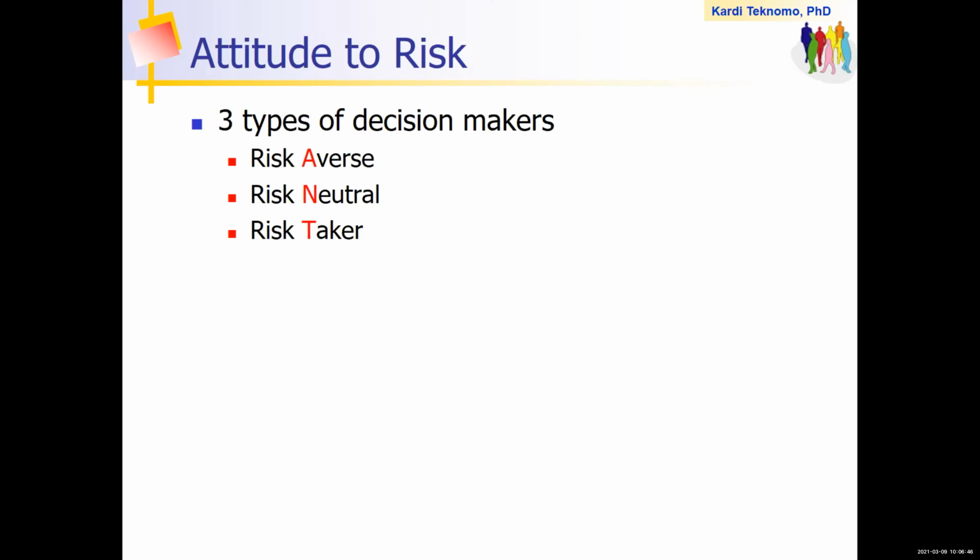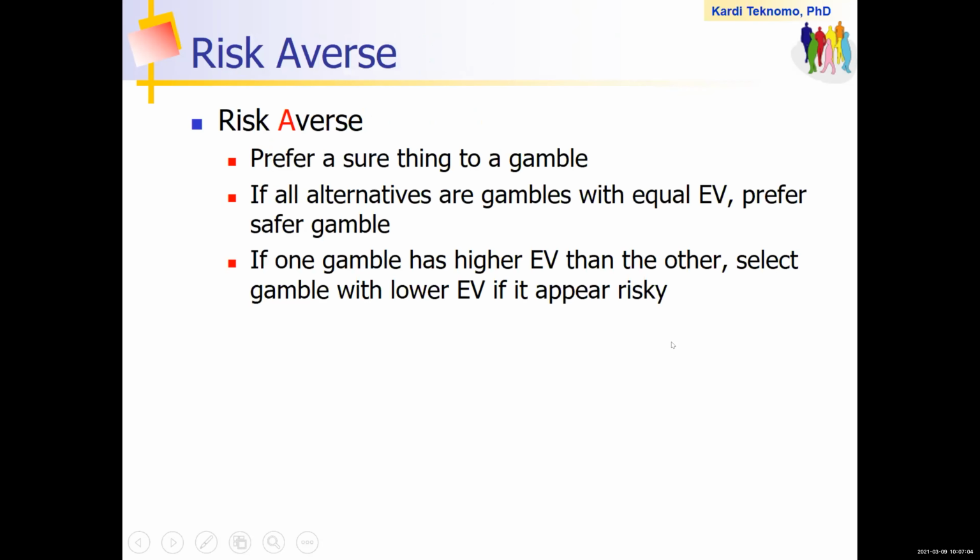So in here, we have 3 attitudes of risk. You as the decision maker can be categorized into 3: risk averse, risk neutral, and risk taker. So what is risk averse? A risk averse decision maker will prefer sure things to gamble.